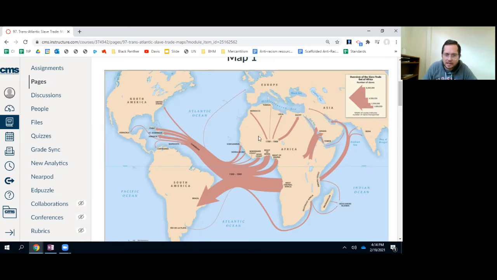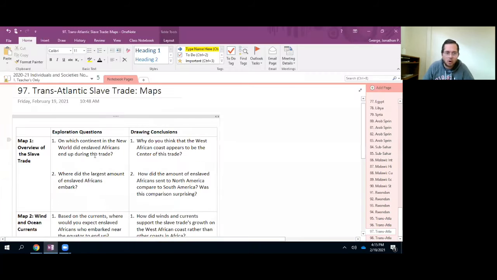But if we did determine that this was the Old World and this was the New World, the enslaved Africans would have come to both continents in the Western Hemisphere, the so-called New World. So you could put North America and South America as those two continents for that first question.